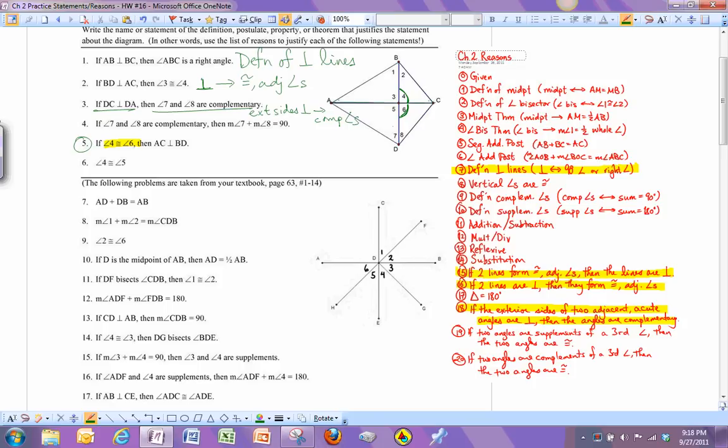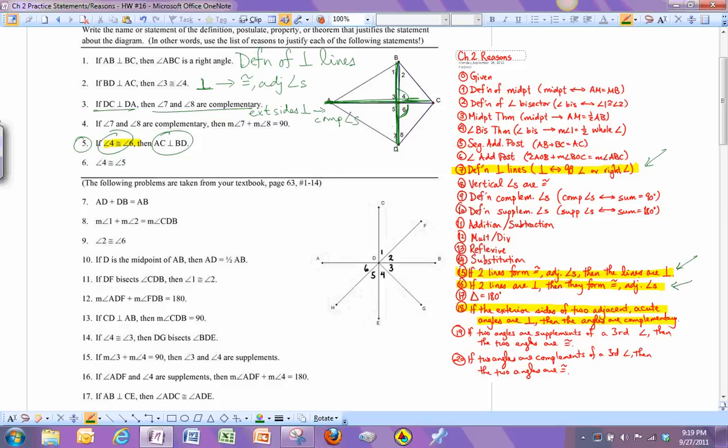Then you get AC here is the same thing as BD here. Or not same thing, because perpendicular to it. Okay, so we started with some congruent angles, and we got some perpendicular lines. Well, this one doesn't talk about congruent angles, just talks about 90 degrees. This one talks about congruent angles, and this one talks about congruent angles.